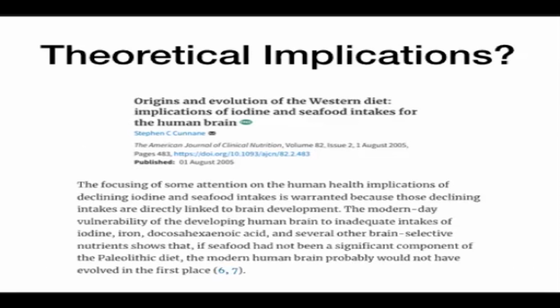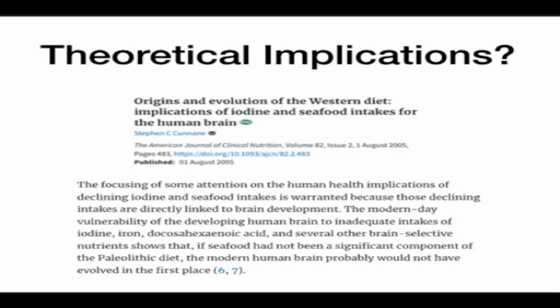And it's not just DHA, there's also iron and iodine and selenium and all kinds of other things that we would have needed to evolve our brains. And so if we don't now have the evidence that we had access to fish, we have to let our brains be the evidence because we couldn't possibly have evolved them otherwise. So we must have had more access to food than we now know.